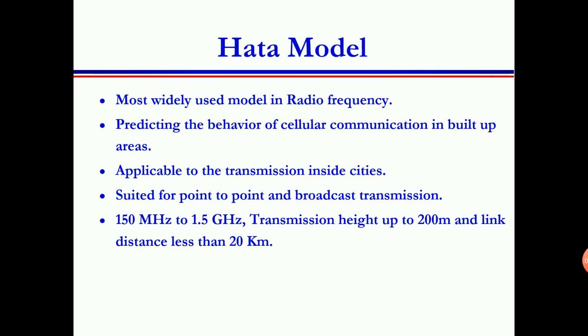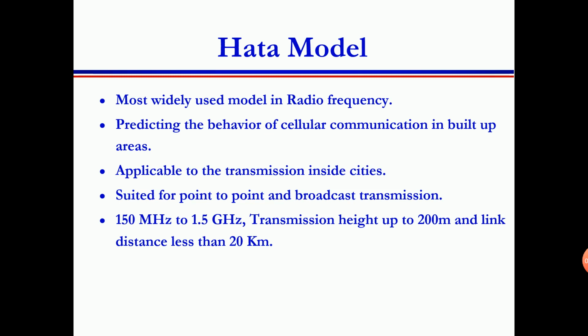Now the Hata model. The Hata model is also an empirical model. It is the most widely used model in radio frequency. It predicts the behavior of cellular communication in built-up areas. This is an empirical formula for propagation laws, derived from Okumura's test in order to put the prediction method to computational use.